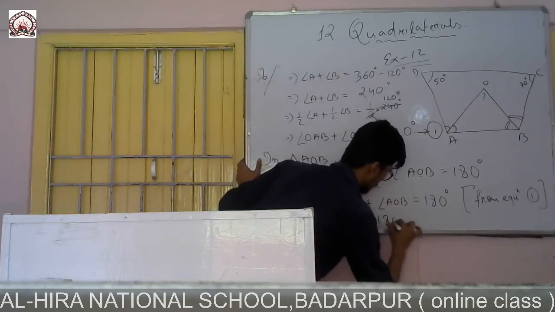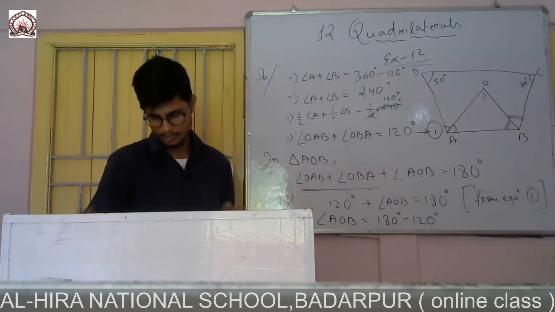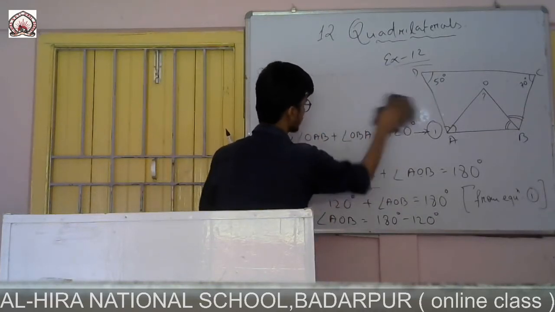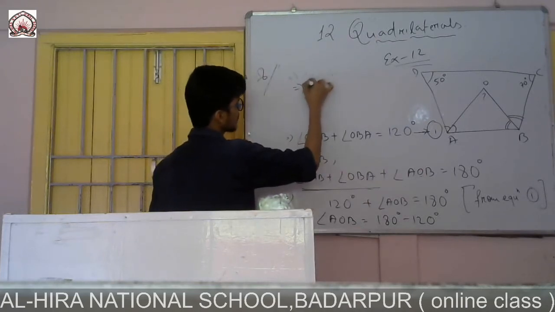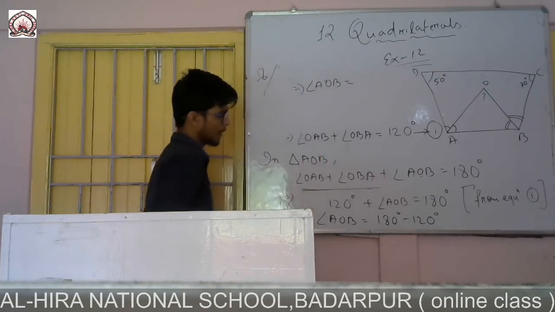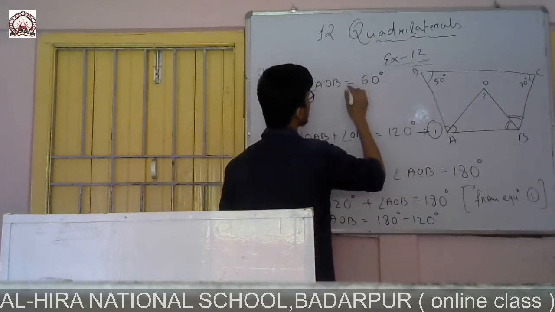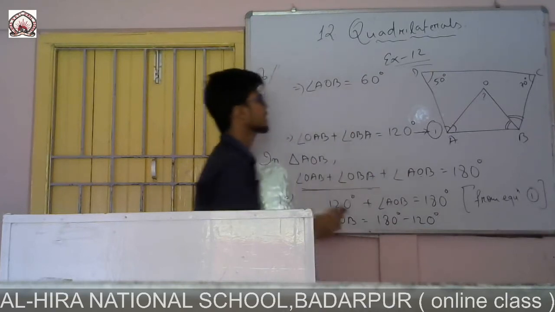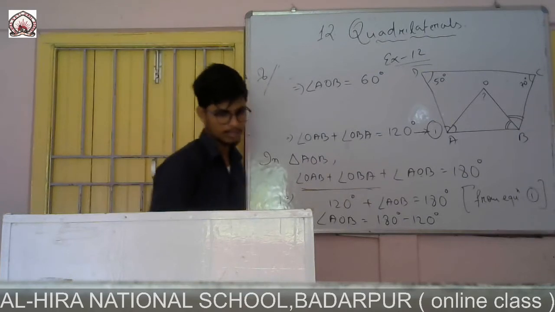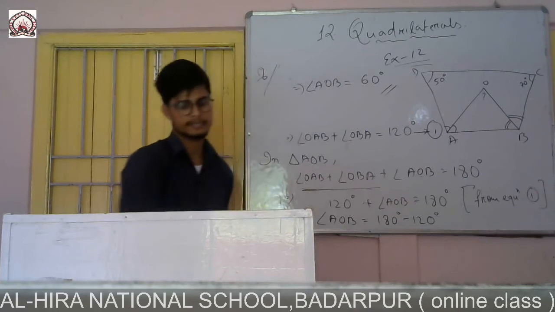If I change the side, it will be minus 120 degrees. This implies angle AOB is equal to 180 minus 120, it is 60 degrees. So the question is to find angle AOB, and here is the answer, which is equal to 60 degrees.